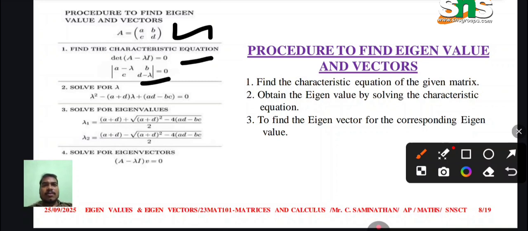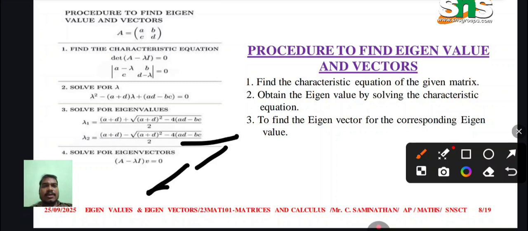Next, solving for lambda from this equation, we get the eigenvalues. From these eigenvalues we have to solve for the eigenvector.